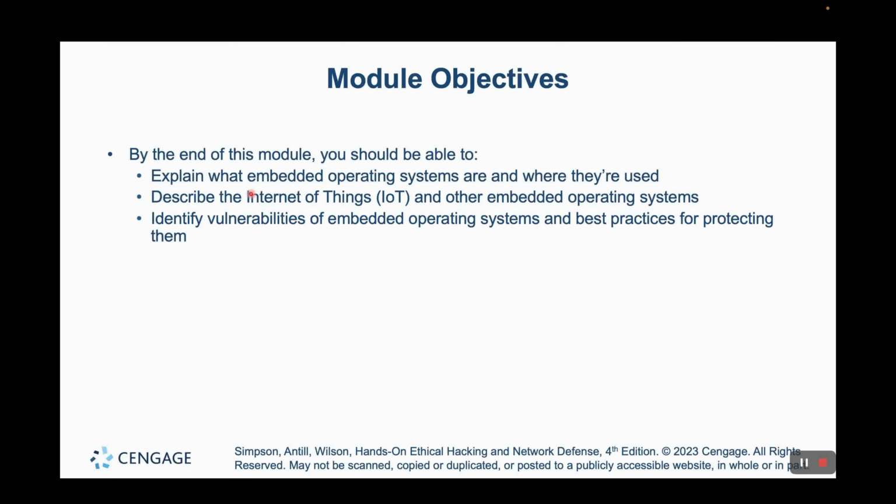Now, there's, for example, FreeRTOS. It's a real-time operating system that is used in embedded systems that require deterministic performance. Another example is VxWorks. It's a real-time operating system that is used in embedded systems that require high performance and reliability. And the other one here, QNX, is used in embedded systems that require a graphical user interface.